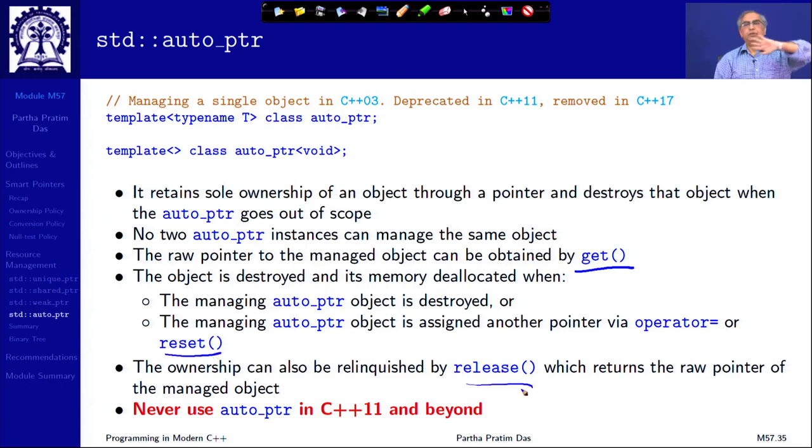But most of the other operations, like checking for null tests and all that, are not available, right. So it is not something which is advised to be used at all in C++11 onwards.